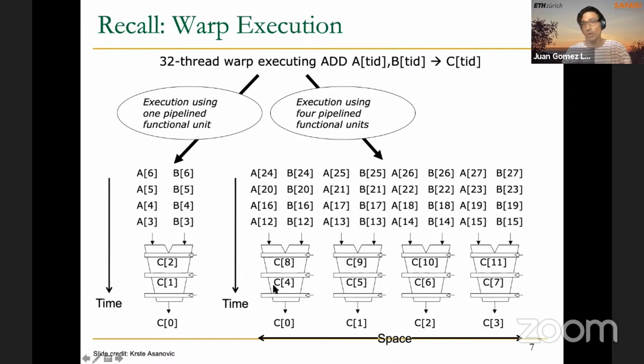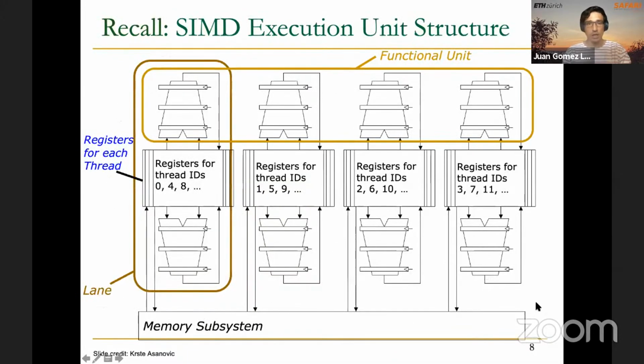If we have more than one of these functional units, we can parallelize in time and in space. And remember as well that each of the SIMD lanes has access to a certain number of registers. We have a whole register file that is partitioned across the different threads that take part of the execution in one warp.